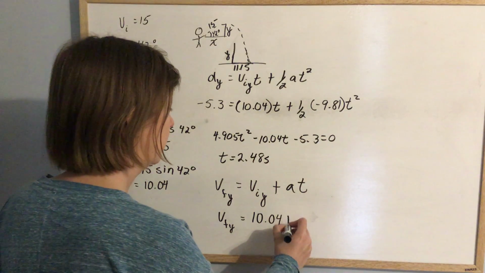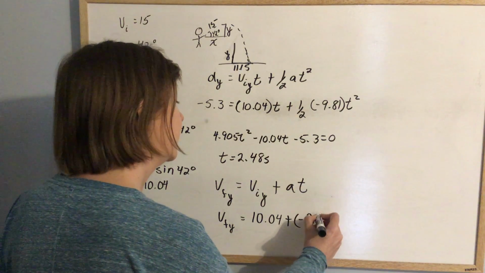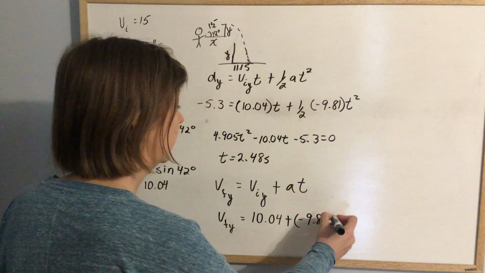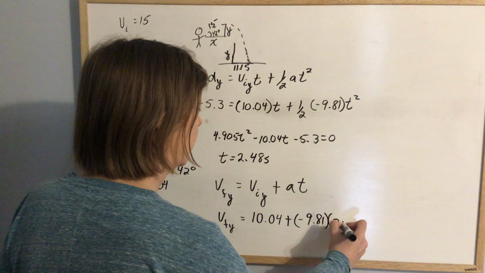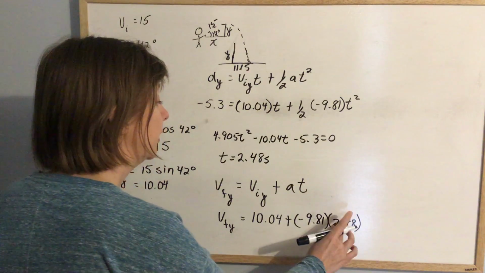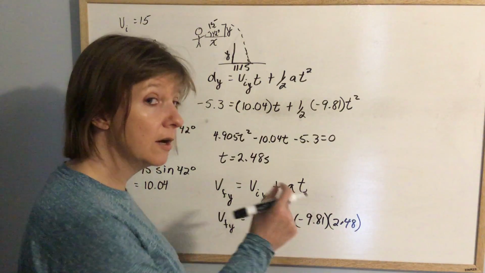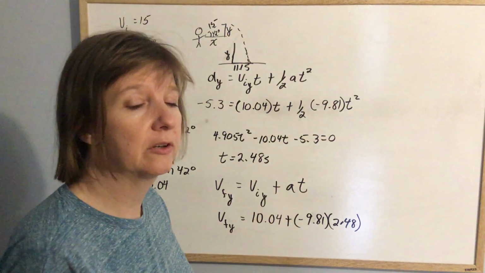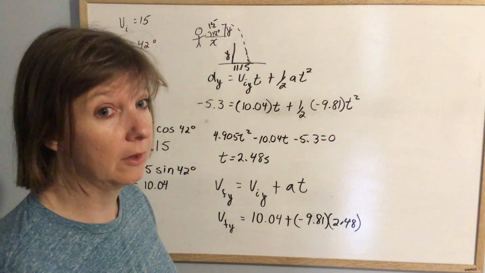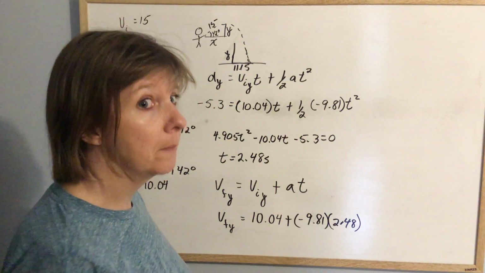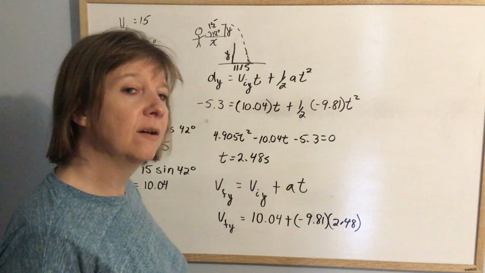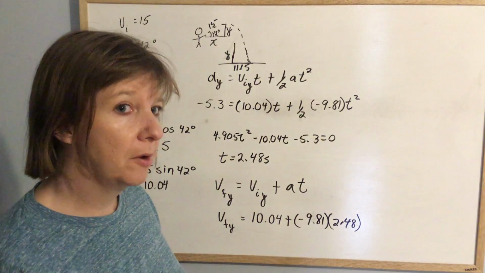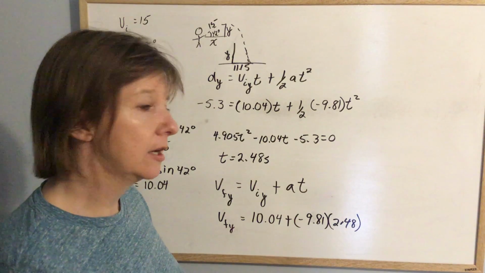Yep, 10.04 plus acceleration is negative 9.81 because it's in the downward times time 2.48. Very important that you have the negative there, and my guess is that a lot of you weren't paying enough attention to the positives and negatives in your calculations. If you were like, I didn't get any of them, it's probably to do with signs. So check that really carefully.